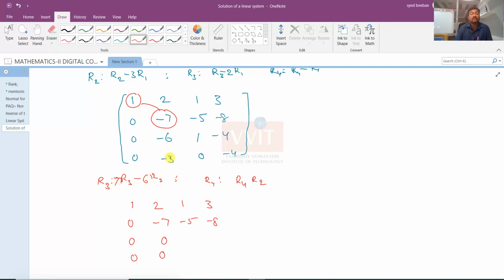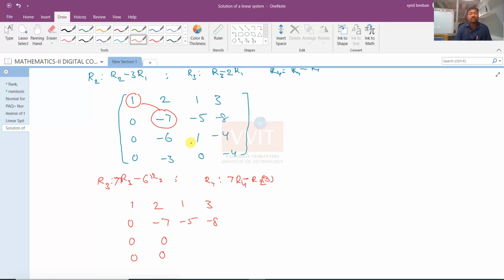Similarly here, R4 with 7 minus R2 with 3. So this is with 7, this with 3. On simplification, 7 R3 minus 6 R2.